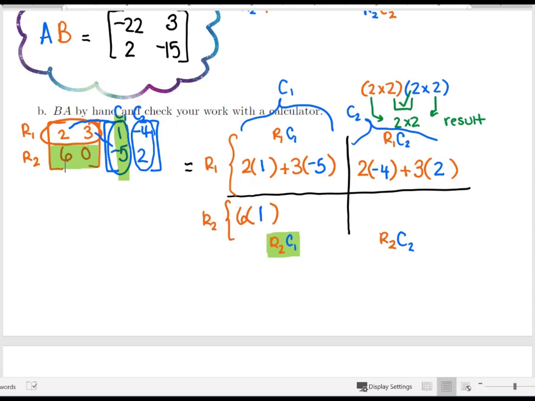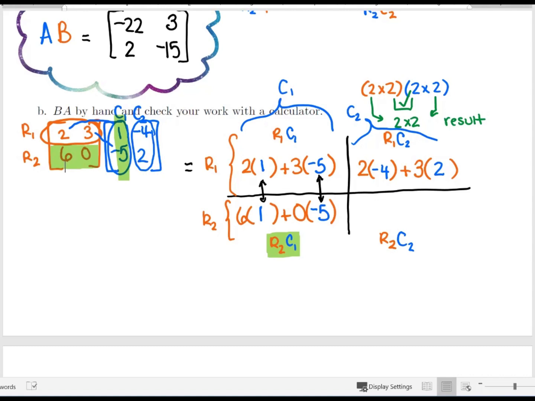Again, we're multiplying row 2 times column 1. Plus, because it's always plus, 0 times -5. And again, make sure that the numbers in the parentheses, and in this case, the blue numbers, line up. If they didn't, something went wrong.